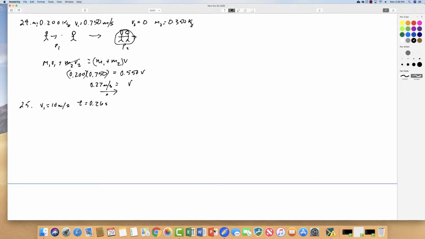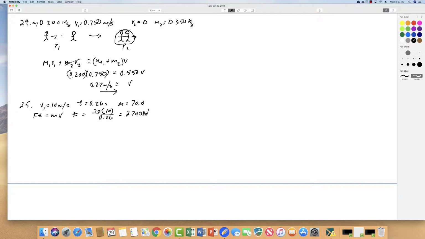And this is actually the first part of a previous problem we just did. The mass of the driver was 70. And so we had Ft is equal to mv. And F then is going to equal 70 times 10 divided by 0.26. And so, lo and behold, the answer doesn't change from our previous problem. It's still 2,700.